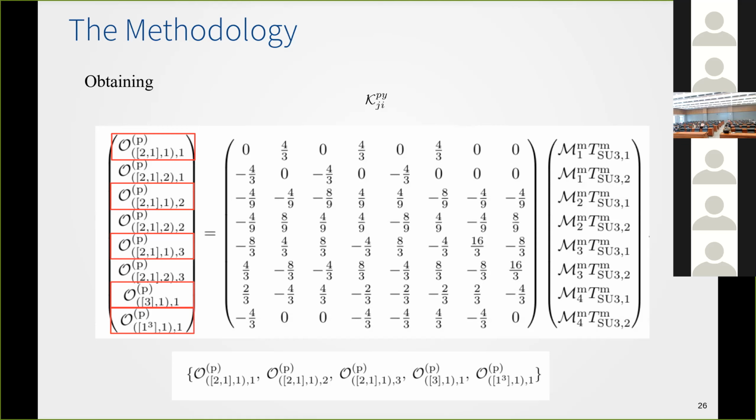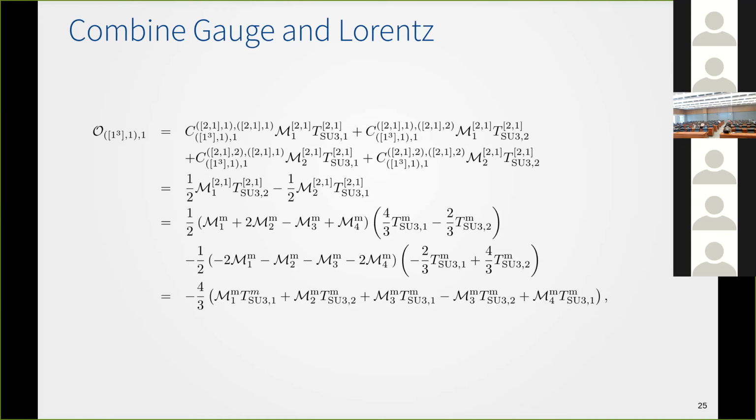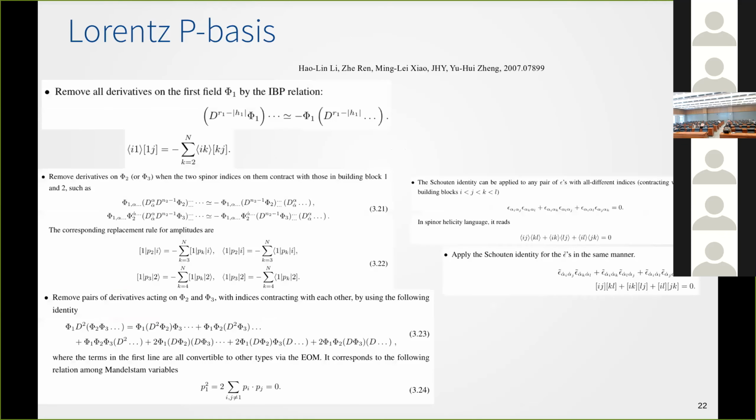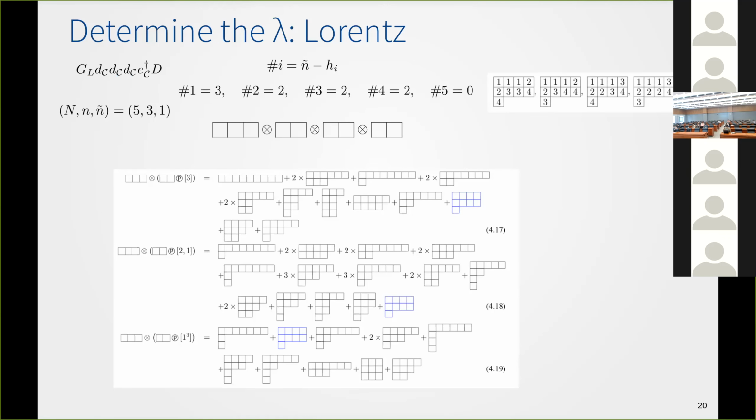Tom, please. Yeah, just a follow-up question. So in this package, do I understand that at some point there's some numerical evaluation that you have to do? Oh yes, absolutely. This is the part I skipped.